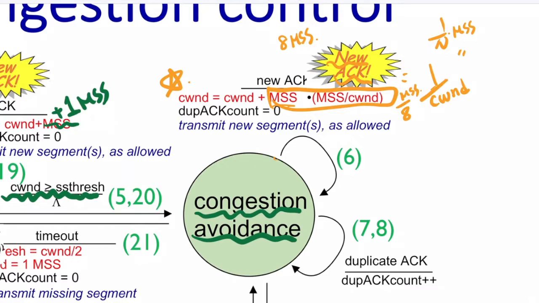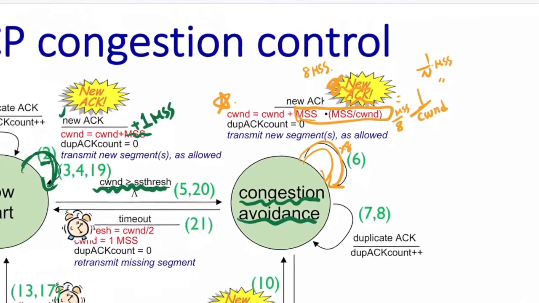So basically, you will stay at the congestion avoidance state 8 times because you will have 8 new ACKs, so that you stay in the congestion avoidance state.